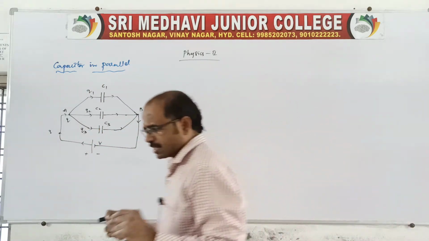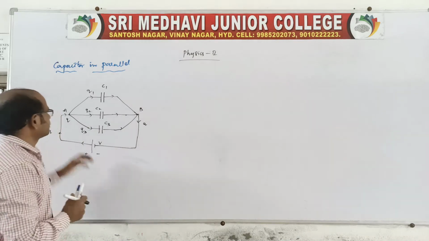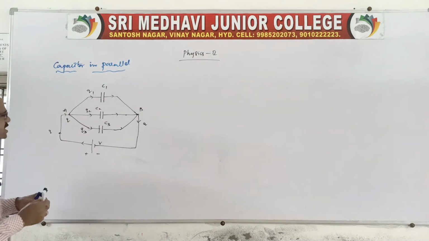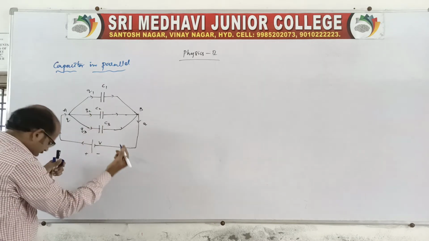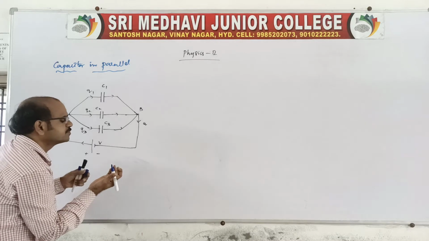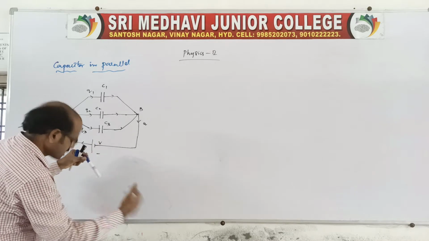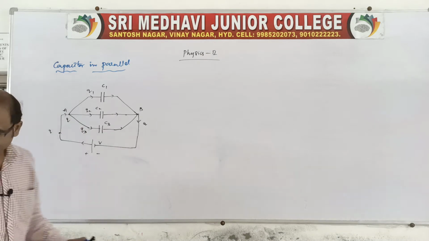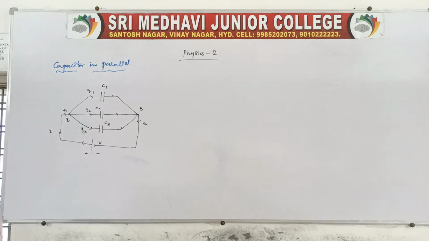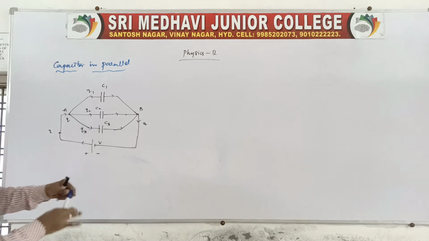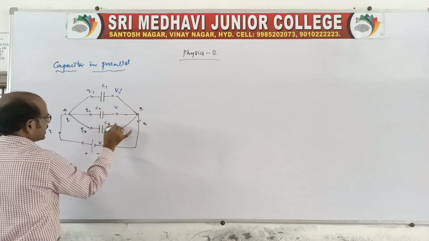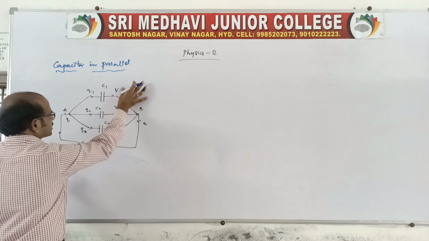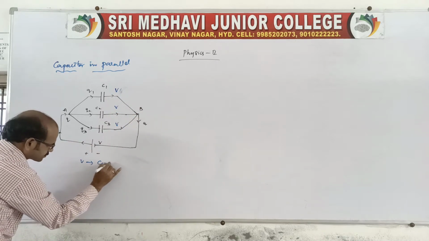Remember, in a parallel combination the charge at the junction is divided. Now, what about the potential difference? In a parallel combination the potential difference is the same across each capacitor: V1, V2 are the same, equal to V. So in a parallel combination V is constant.